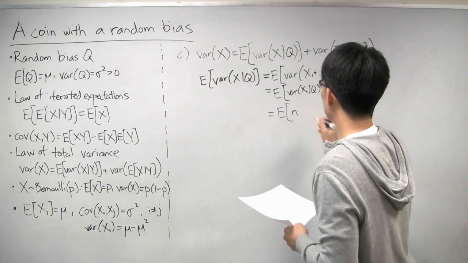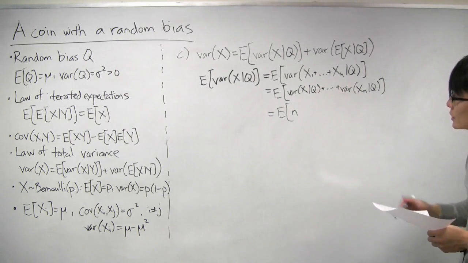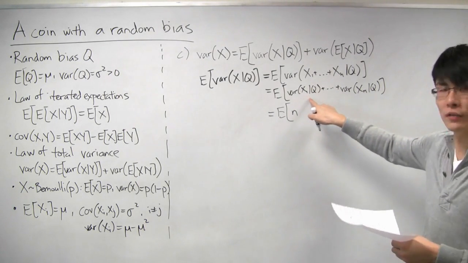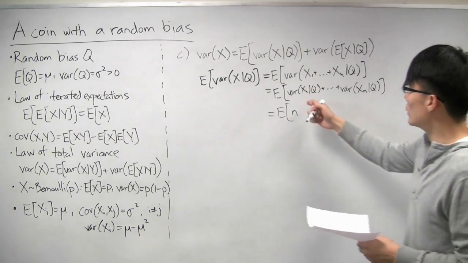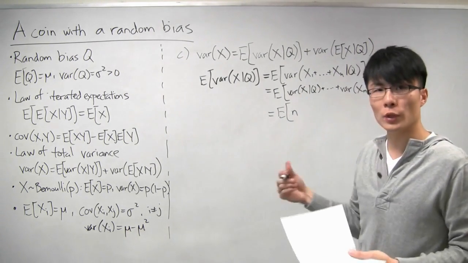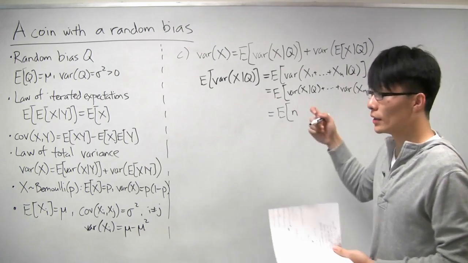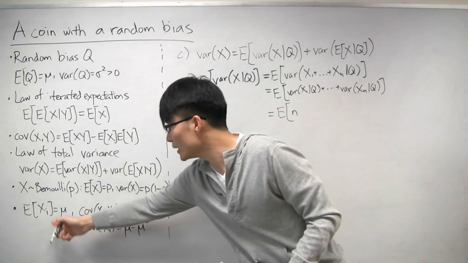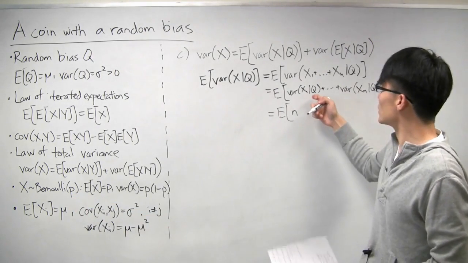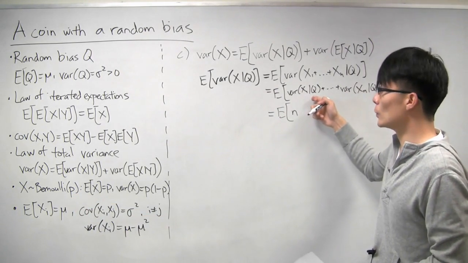So we just have n copies of the variance of, say, x1 given q. Now, what is the variance of x1 given q? Well, x1 is just a Bernoulli random variable, but the difference is that for x, we don't know what the bias or what the p is, right? Because it's some random bias q.